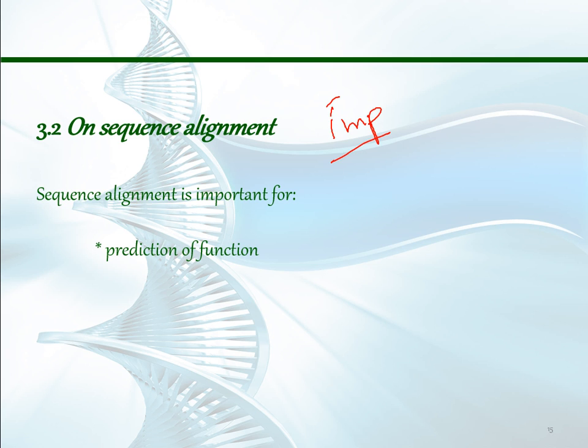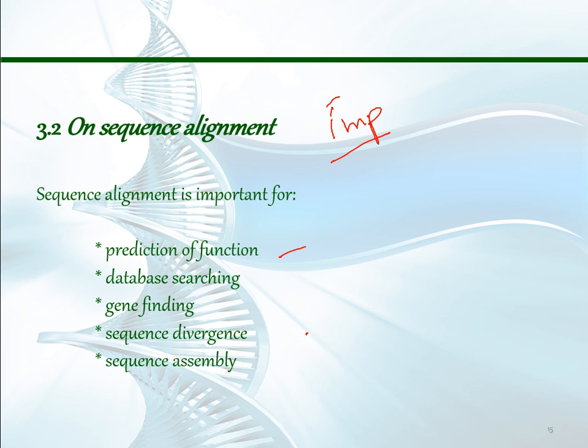So first is prediction of function, then database searching, gene finding, sequence divergence, sequence assembly. Prediction of function: suppose I have an X gene and I want to identify the function.